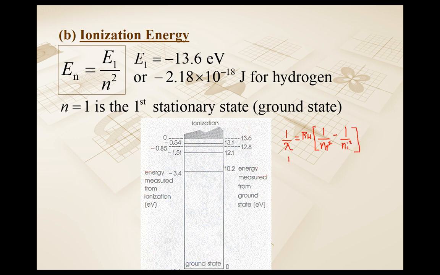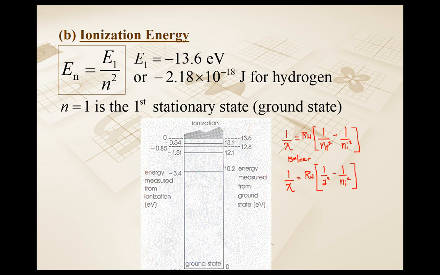Now the Balmer equation didn't make any sense of this. It simply is a mathematical equation that predicted the first four wavelengths of visible light for hydrogen. So that equation looked like R_H times (1 over 2 squared minus 1 over n_i squared).